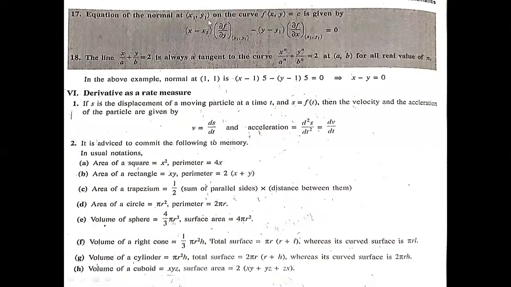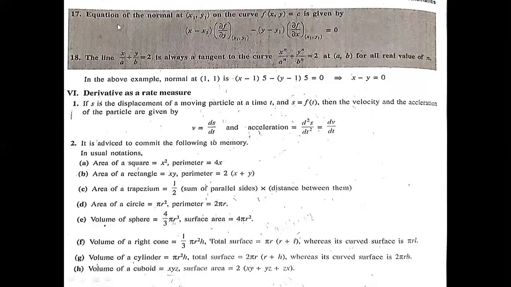Equation of the normal at (x1, y1) on the curve f(x, y) = c is given by (x − x1)·∂f/∂y at (x1, y1) − (y − y1)·∂f/∂x at (x1, y1) = 0.